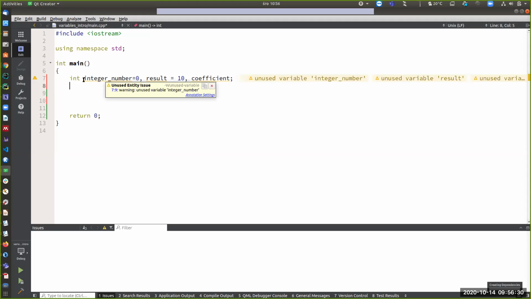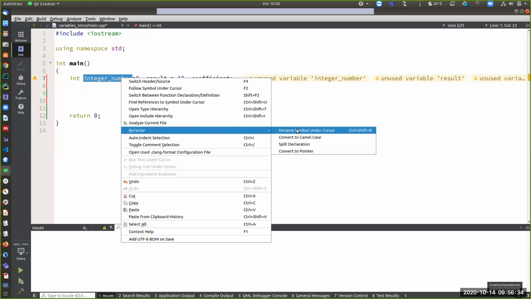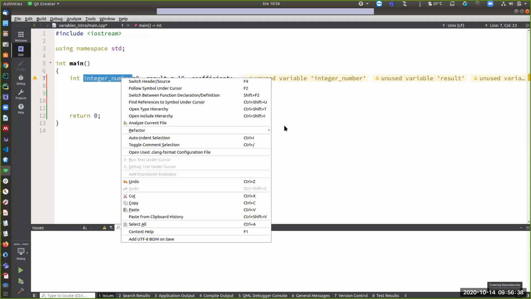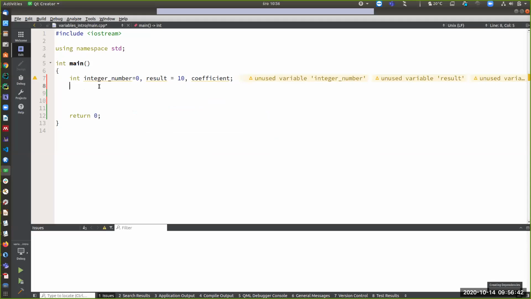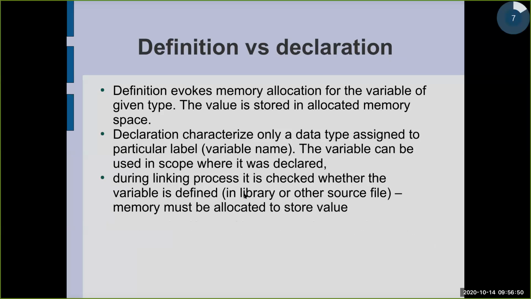But of course, if you select the values and, for example, use refactorize, you can affect all elements here. But I don't know if it is an answer. Okay.